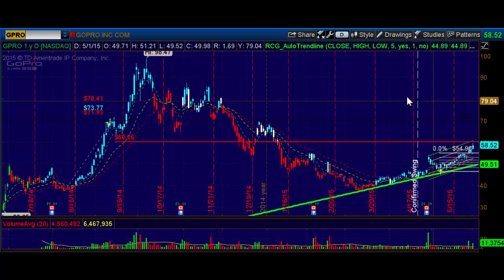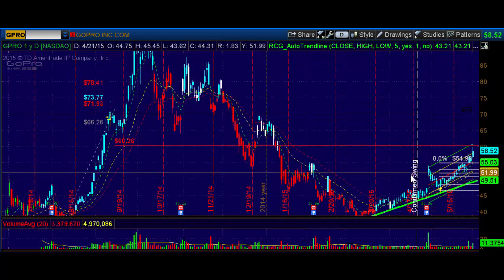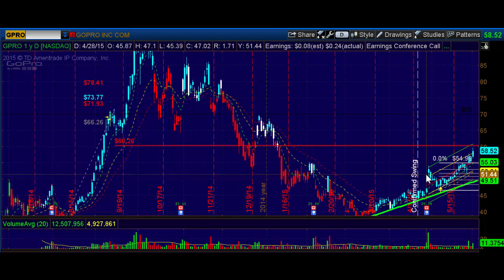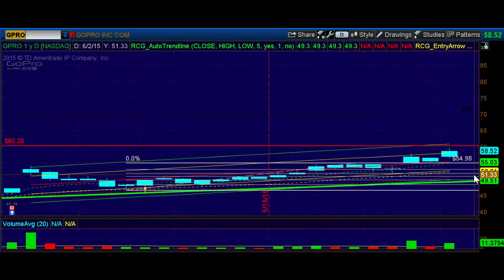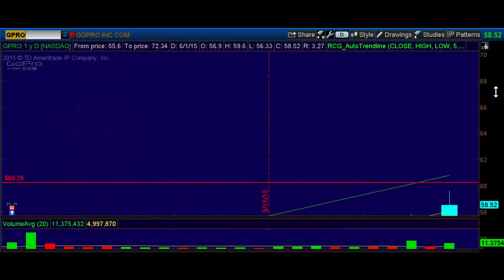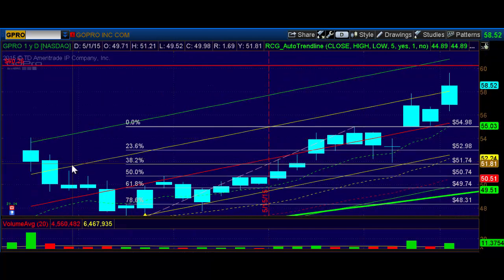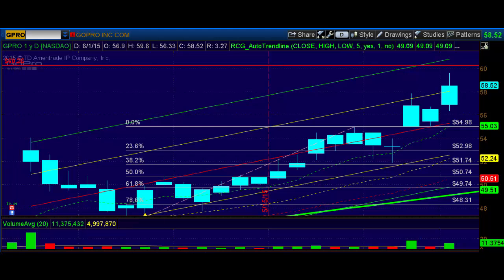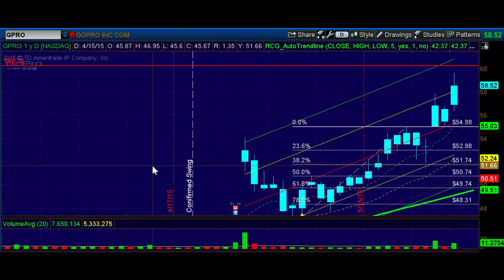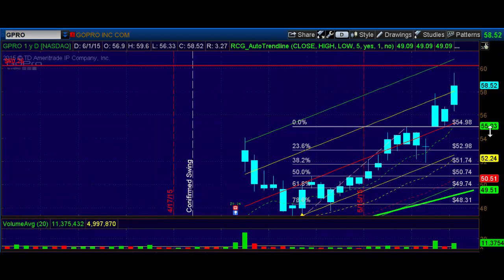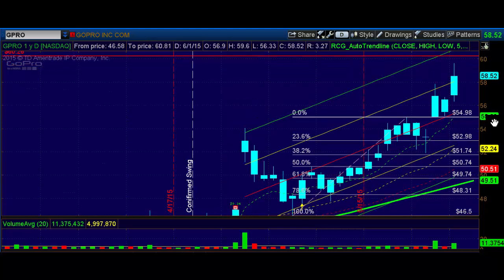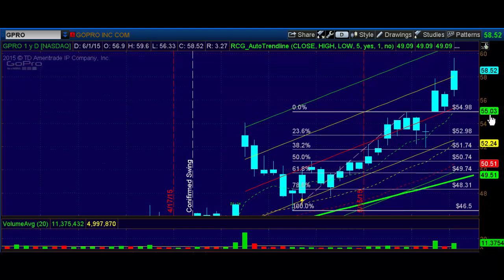Another sort of pattern oriented, much like that we just looked at, is GoPro. I'll zoom in on this for you a little bit and try to make the case here for us. Here's the way I treat and view, and I've suggested for a long time that we do, a proposed cup and handle pattern.